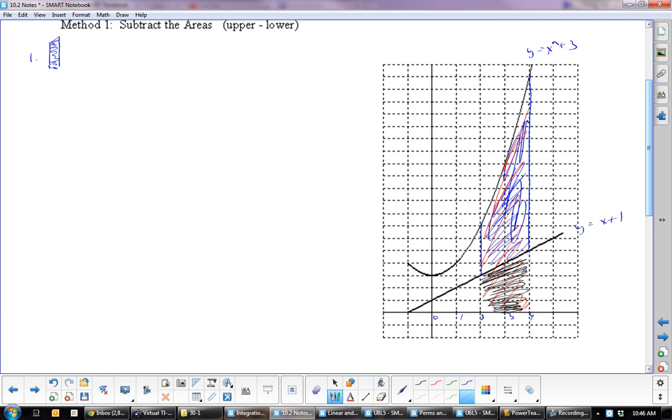Okay, so let's go first with finding our antiderivative. So f of x equals x cubed over 3 plus 3x. Okay, so we're going to find the area from 2 to 4. So we'll do the 4 first. So 1/3 times 4 cubed plus 3 times 4 minus 1/3 times 2 cubed plus 3 times 2.